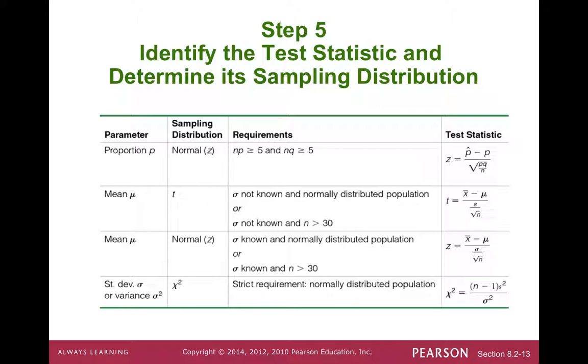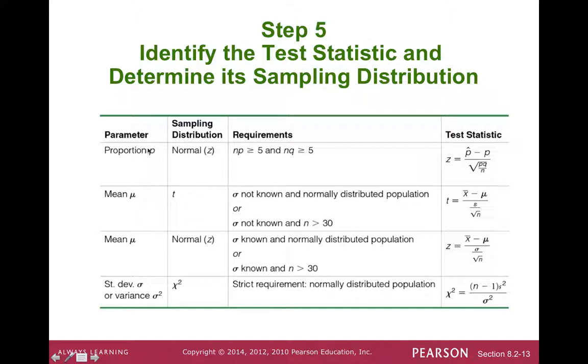Okay, so once we have determined our significance level, it's important to identify what test statistic we're going to use and what sampling distribution we have. Now, depending on what parameter we're looking at, you'll use a different test statistic.